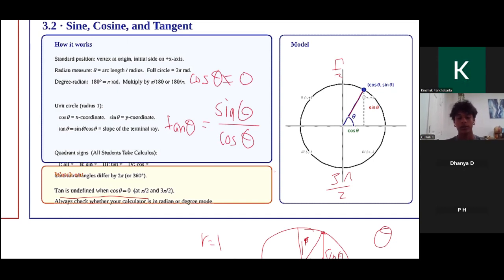It takes like 2 minutes, but it's useful. And remembering the unit circle is vital for everything we're going to be learning soon, like all trig identities, and trig solving as well.